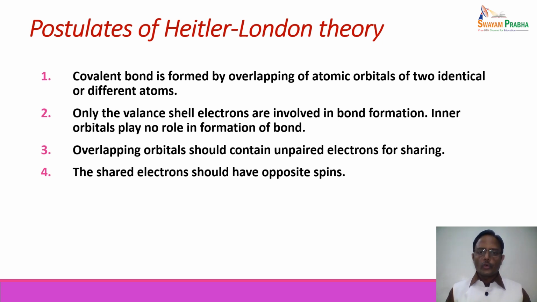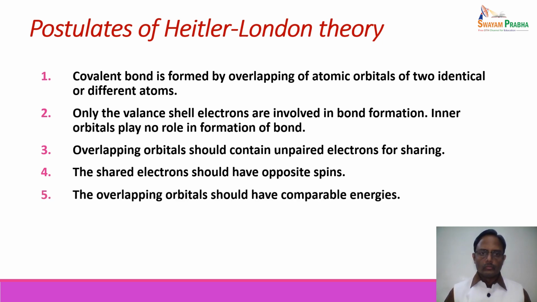They are shown by two spin quantum numbers, plus 1 by 2 and minus 1 by 2. So the shared electrons should have opposite spins, meaning one should have a spin quantum number plus 1 by 2 and the second should have a spin quantum number of minus 1 by 2.